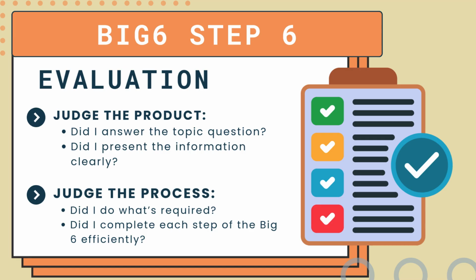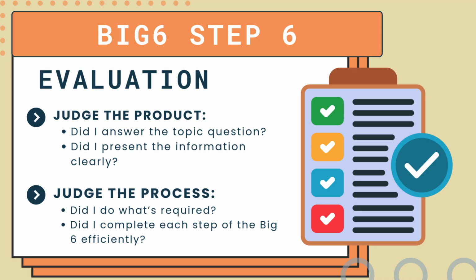And then finally, step 6 is evaluation. You are going to judge your own product. You're going to think about, did I answer the topic question? Did I present the information clearly? And then you're also going to judge the process. Did you do what is required?